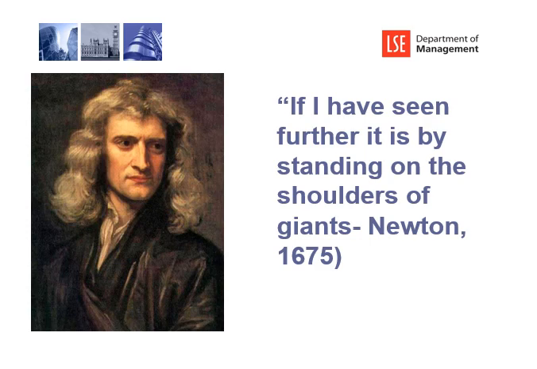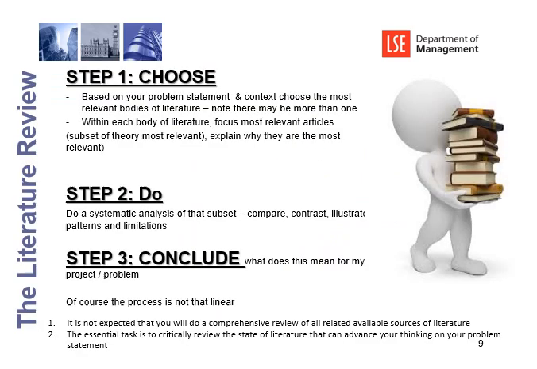And now that we understand the why, the next step is to talk about what's expected within a literature review. And I like this three-step process called choose, do, conclude, right? The first step of your literature review is based on your problem statement or research question if you have one and client context. Choose the most relevant theories or papers to peruse, right? And once you do that, you want to narrow it to the most relevant articles.